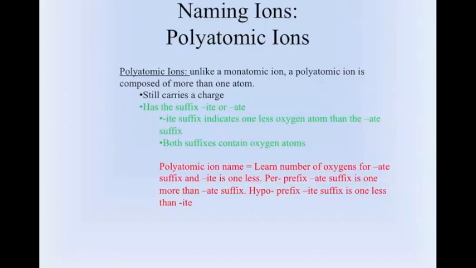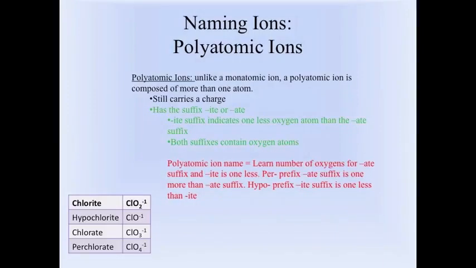So any compound that has a per prefix and an "ate" suffix has one more oxygen than a compound with just an "ate" suffix. And a hypo prefix and an "ite" suffix compound has one less oxygen than an "ite" compound.